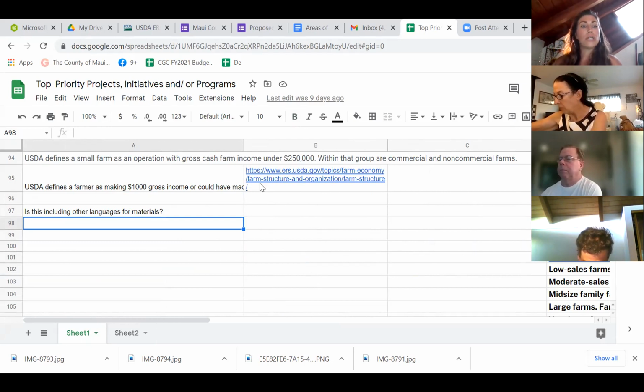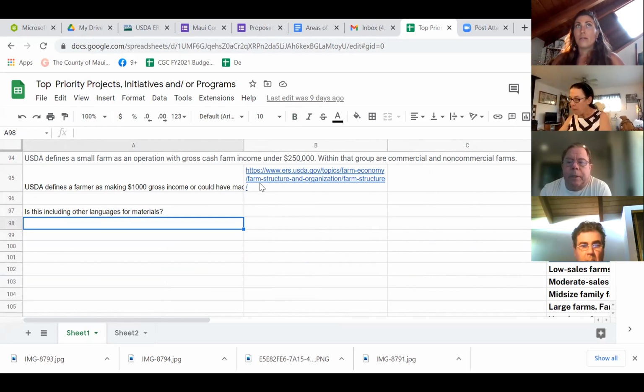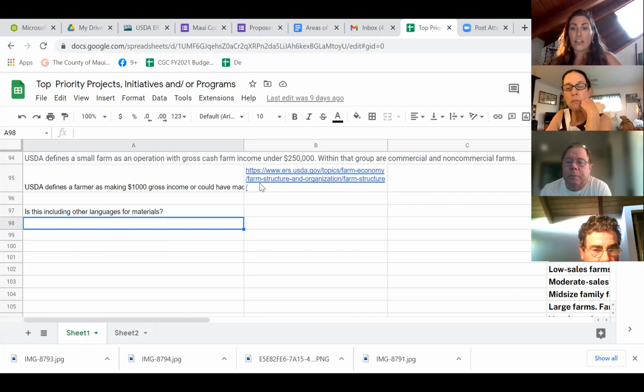Do we want to put in something that says the department needs to be inclusive of the different languages and cultures and have materials available to ensure that they're not leaving them behind? Absolutely. Does anybody have any language ideas for how that should be written? Just culturally and language sensitive.